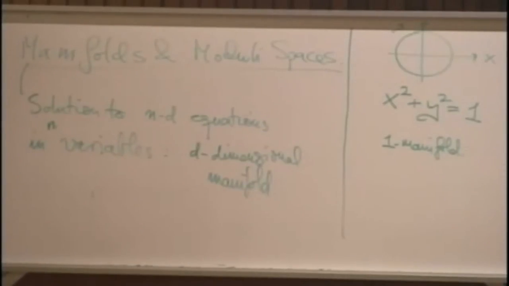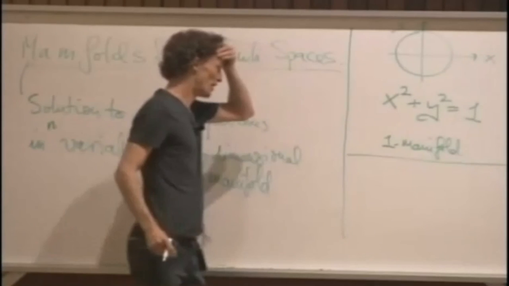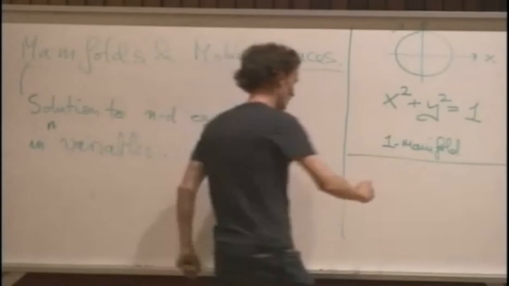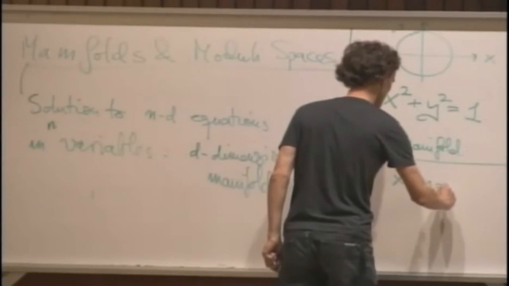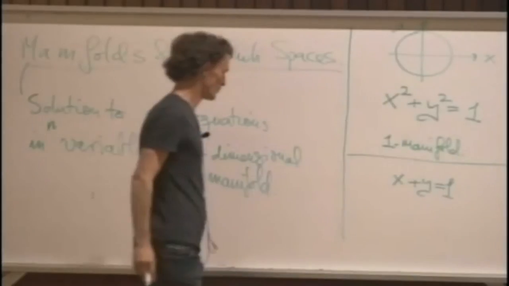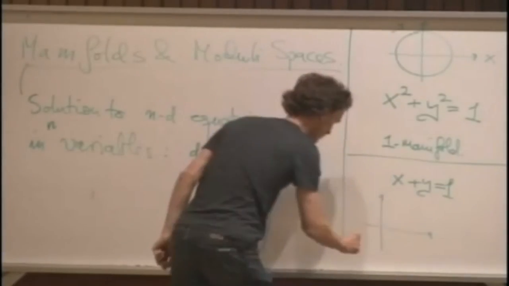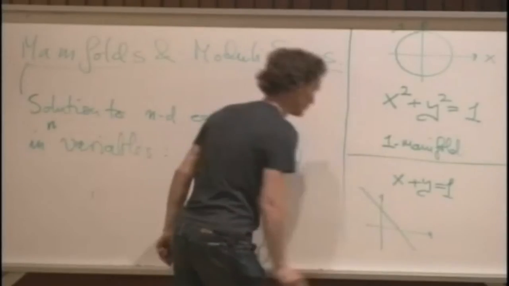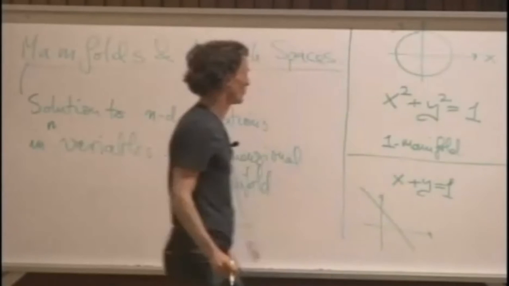Let me write a few other examples. There are 2 variables x and y in one equation. If the equation is x plus y equals 1 instead, it looks very different. The coordinate axis and the set of solutions looks like this. Again, it's a one-dimensional manifold, sort of a one-dimensional object.